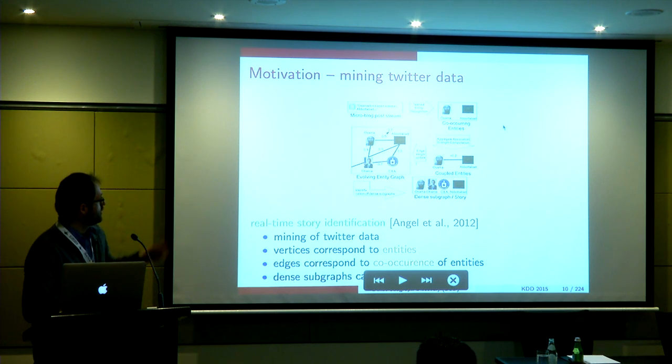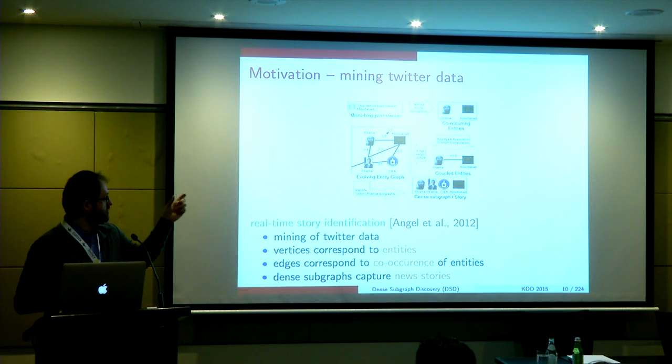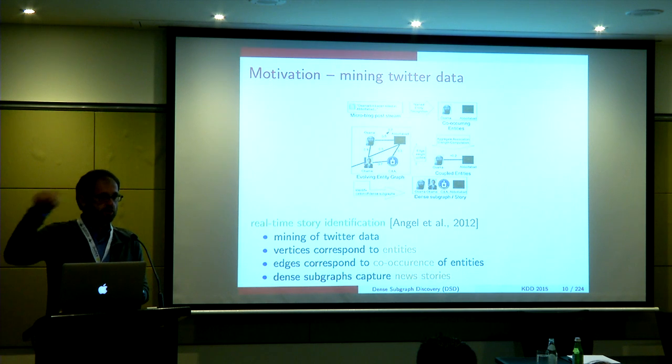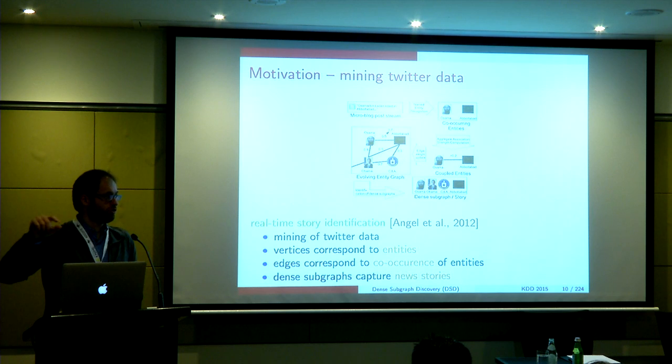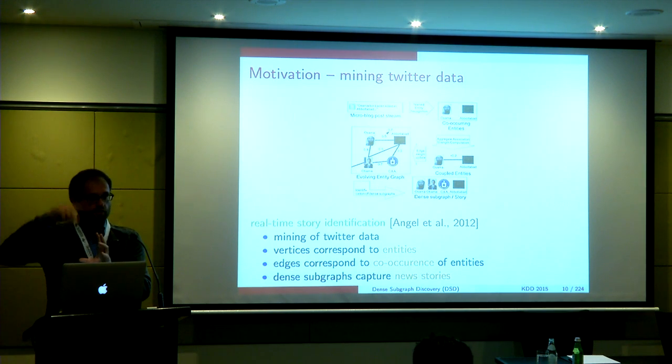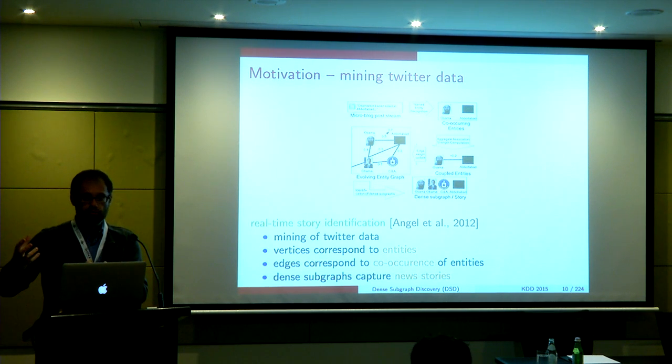So they take the tweet and identify these entities, and then if two entities co-occur in many tweets, I have an edge between these two entities. And then if I have a subset of entities that all have many edges with each other, then probably this means that there is an underlying story about the set of those entities, right?